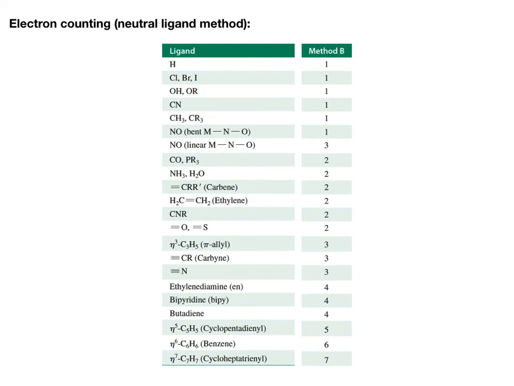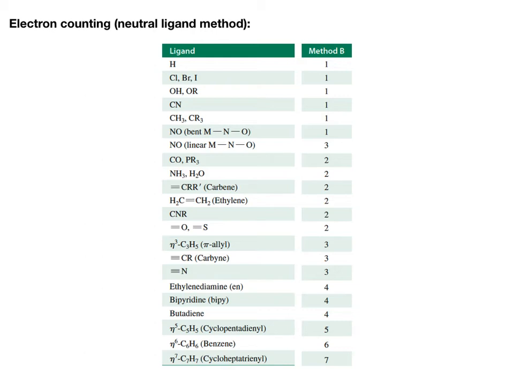This table is one I took from the text. It basically shows the correct number of electron contributions from all the common ligands. And here I'd like you to pay attention to the common ones. Hydride, for example, chloride, hydroxide, cyanide, and then carbonyl, phosphine. And going down, there's carbene, ethylene.